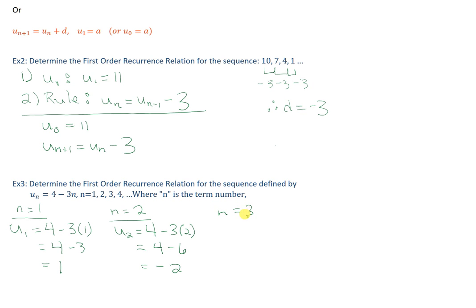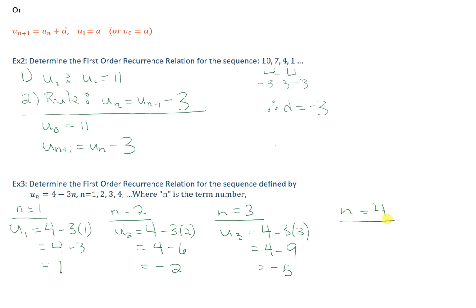When n is equal to 3, this is just an alternative way to generate the sequence. Okay, this is called the general form versus the recurrence form. So U3 is 4 minus 3 times 3, 4 minus 9, which is negative 5.